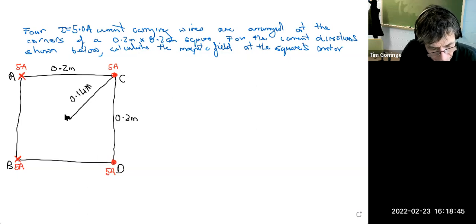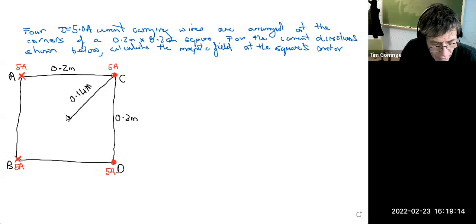We need to find the magnetic field at the center of this arrangement. Just by a little bit of geometry, right-angled triangles, if the square is 0.2 meters by 0.2 meters, the center is 0.14 meters away from each of the 4 wires.